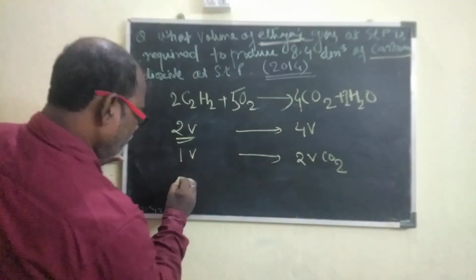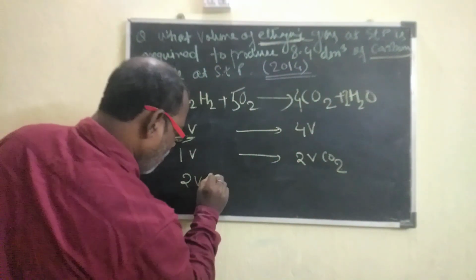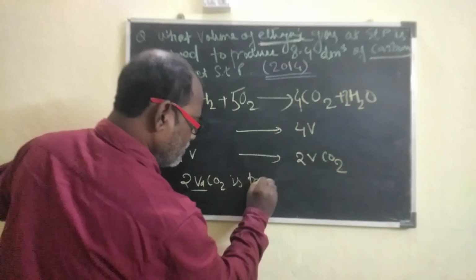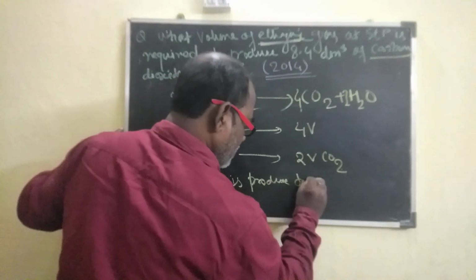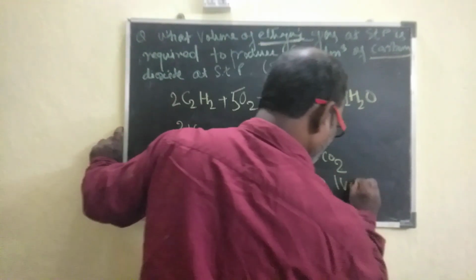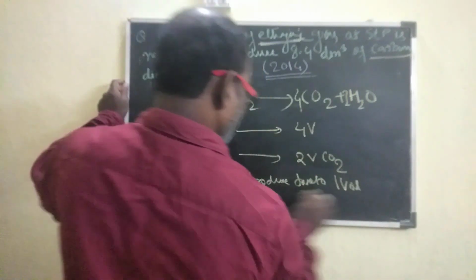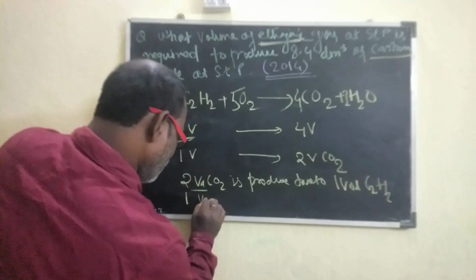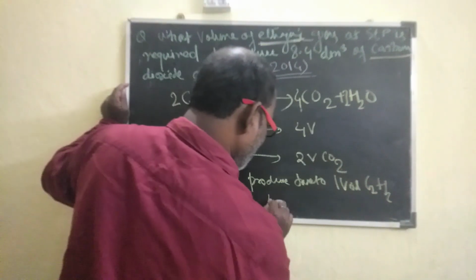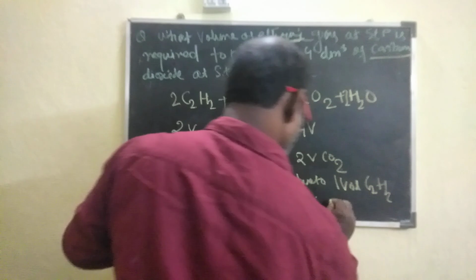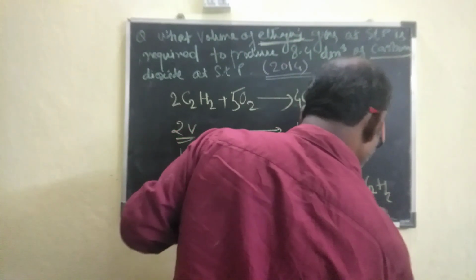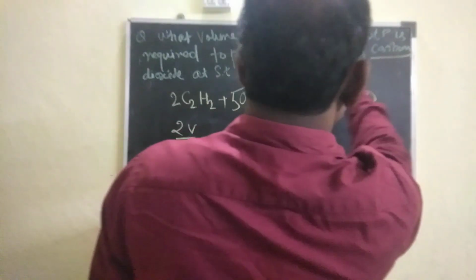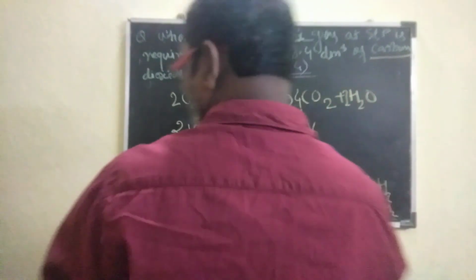From this we can write that 2 volumes of carbon dioxide are produced due to 1 volume of ethyne. Therefore, 1 volume of carbon dioxide will be produced due to 1/2 volume of C2H2. Now here the volume of carbon dioxide is given as 8.4 decimeter cube.